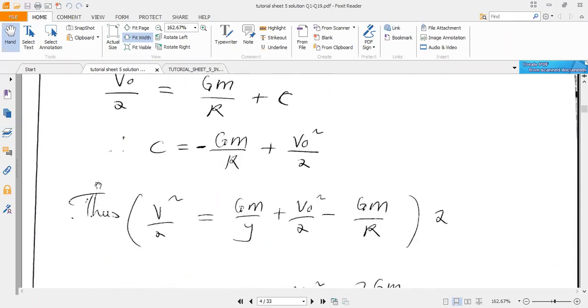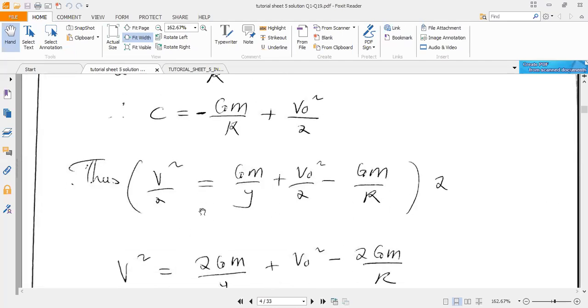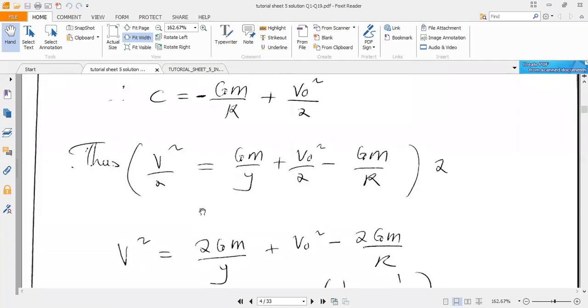And then since we have v squared over 2, we can multiply everything by 2 to get rid of the denominator 2. Then we're going to have v squared is equal to 2GM over y plus v naught squared minus 2GM over r.